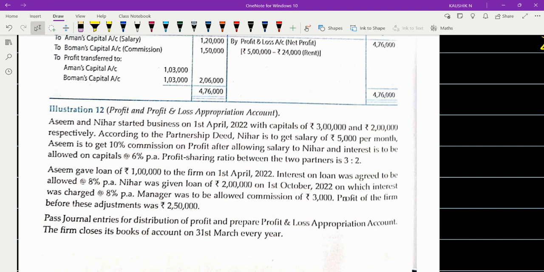Manager was to be allowed a commission of rupees 3,000. Profit of the firm before these adjustments was rupees 2 lakh 50,000. Now I want you to work out whatever you know from the given information.